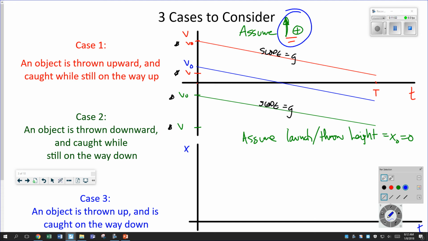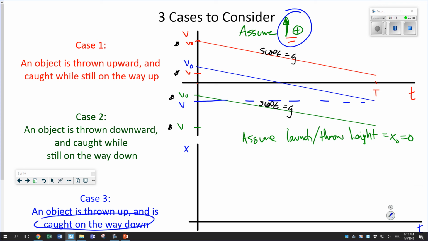And then at the end, if we trace back, this thing has some final velocity that's negative, because it's caught on the way down. Once again, this is the same slope of g because it's the same acceleration. So we have to be able to interpret from that VT graph, which should probably be in black, that our initial and final velocities represent directions and speeds, but all these accelerations, these rates of change of velocities, have to be the same.